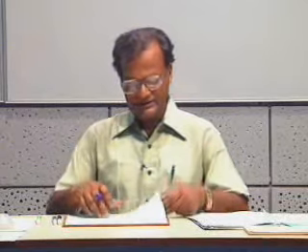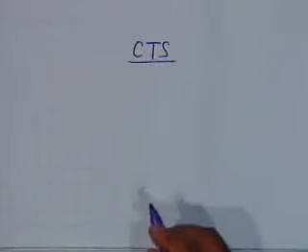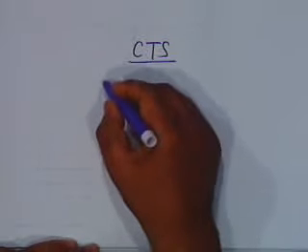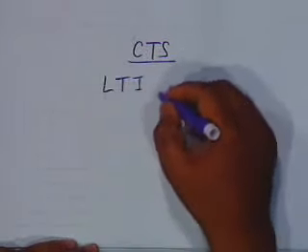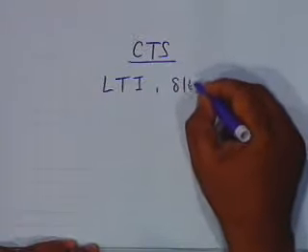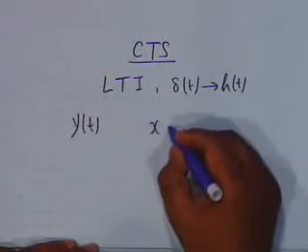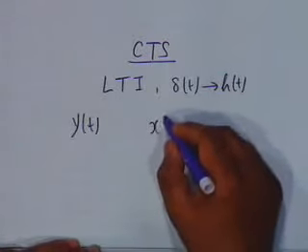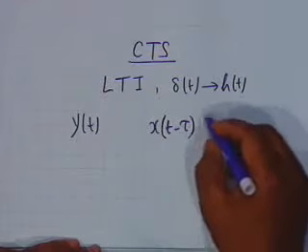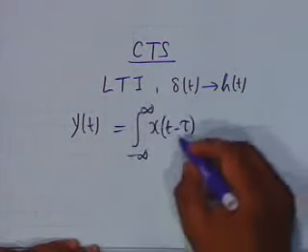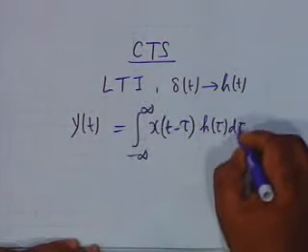To show this, let's recall that if you have a linear system, and we are talking now of a continuous time system, since we introduced Fourier series in the context of a continuous time system, you know that for a linear time invariant system, if delta t leads to h of t, then an arbitrary signal x of t leads to an output equal to the integral from minus infinity to infinity of x of t minus tau h tau d tau.